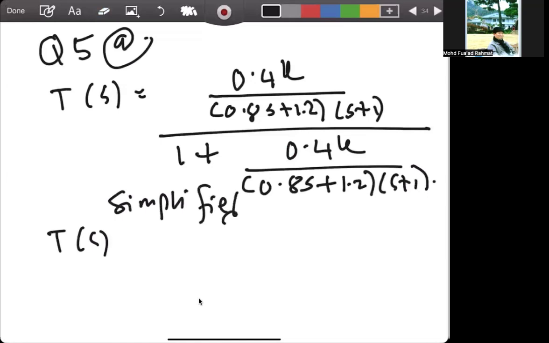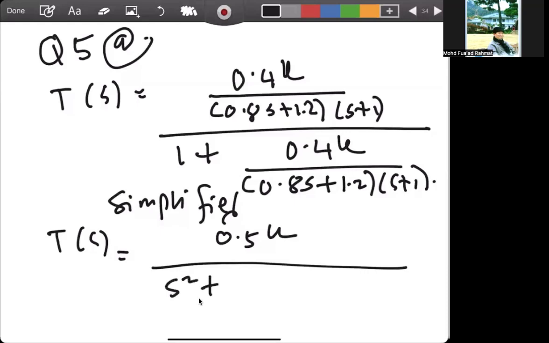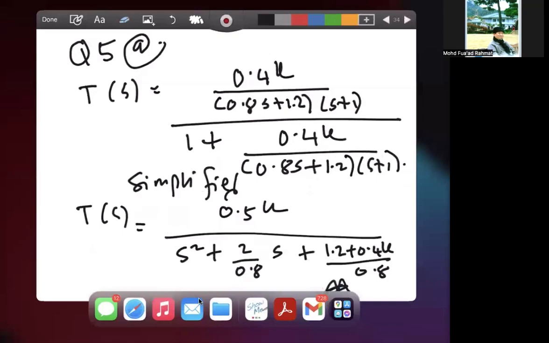So you get 0.5K over s squared. So this is the closed loop transfer function.